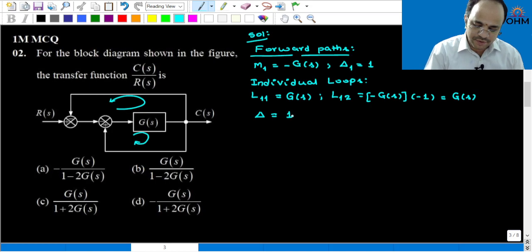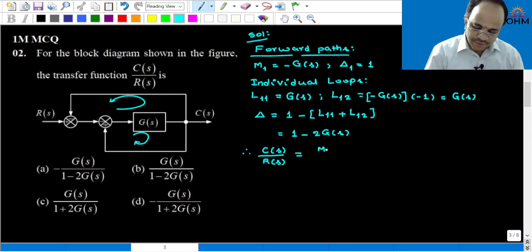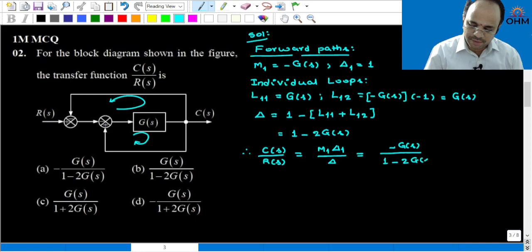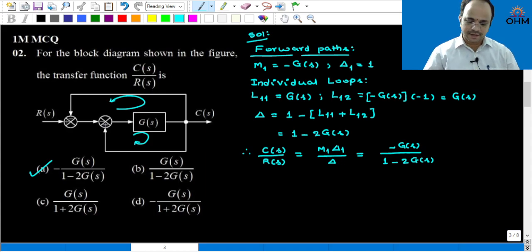Therefore, delta is equal to 1 minus (L11 plus L12). This is equal to 1 minus 2 into G of s. Therefore, the overall transfer function of the system C of s divided by R of s is equal to M1 delta 1 divided by delta. This will give you minus G of s divided by 1 minus 2 into G of s and hence option A is the correct answer.